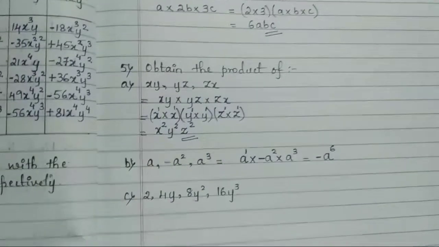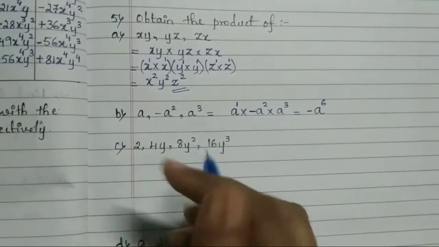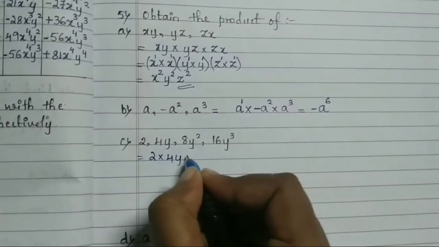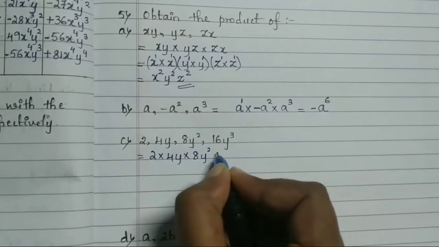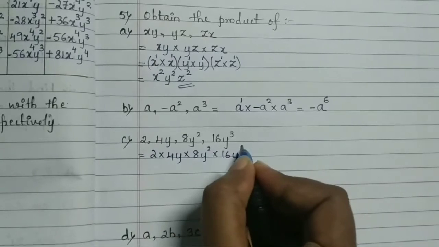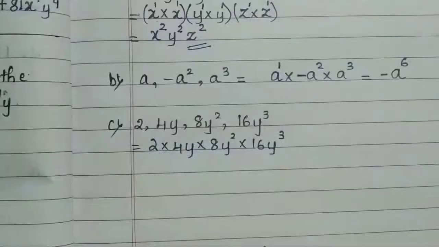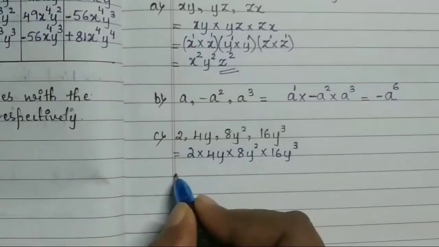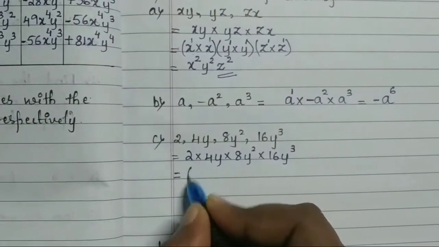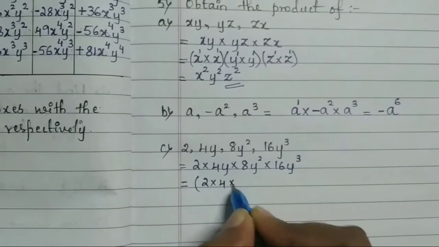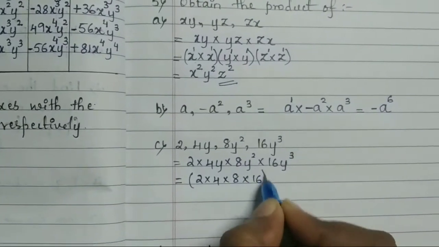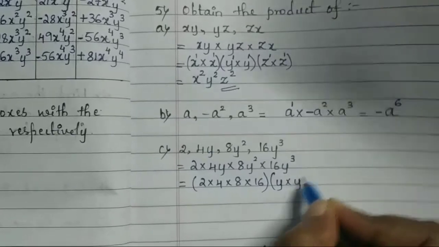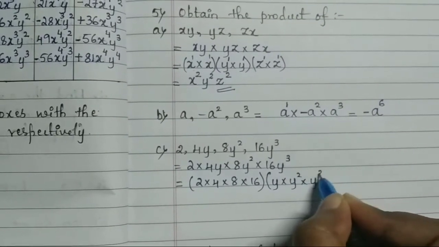Okay. Next, the third question. 2 into 4y into 8y square into 16y to the power of 3. Okay, next what we will do here is we will separate all the numerical terms, that is 2 into 4 into 8 into 16, and all the alphabetical terms, that is y into y square into y to the power of 3.